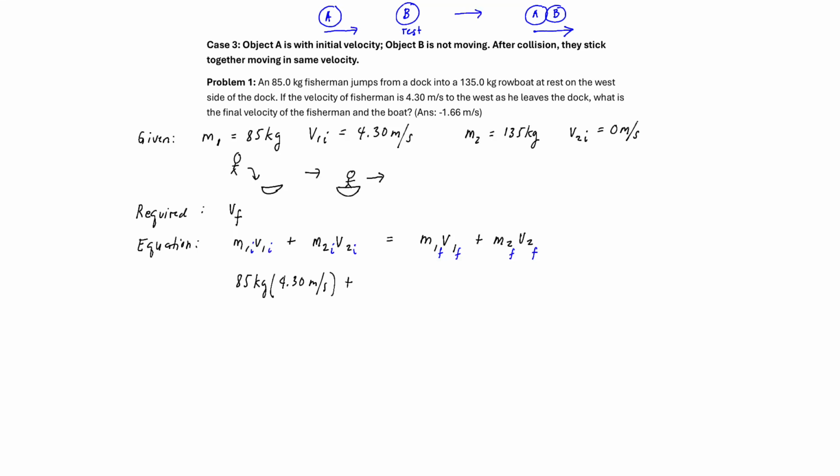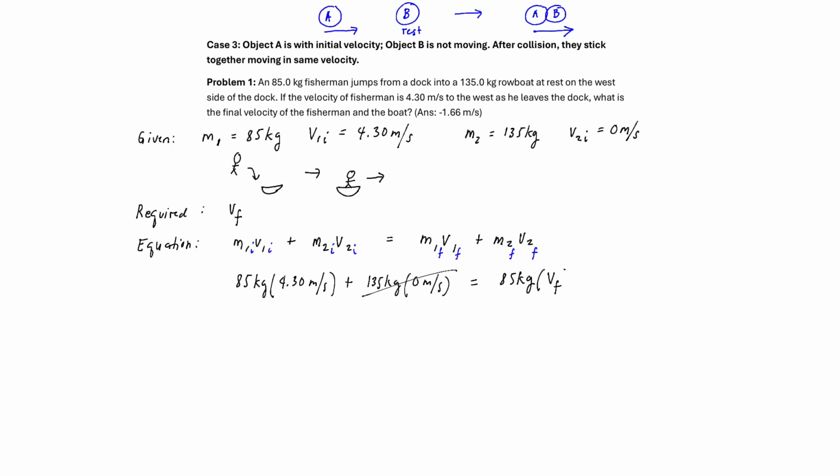Take note that this one will be cancelled, because even if we write 135 kilograms and then the V2, that would be 0 meters per second, at rest, so this one will be cancelled. And then the M1 and M2 are going to be joined together. We're now going to have 85 kilograms multiplied by VF, which we don't know.